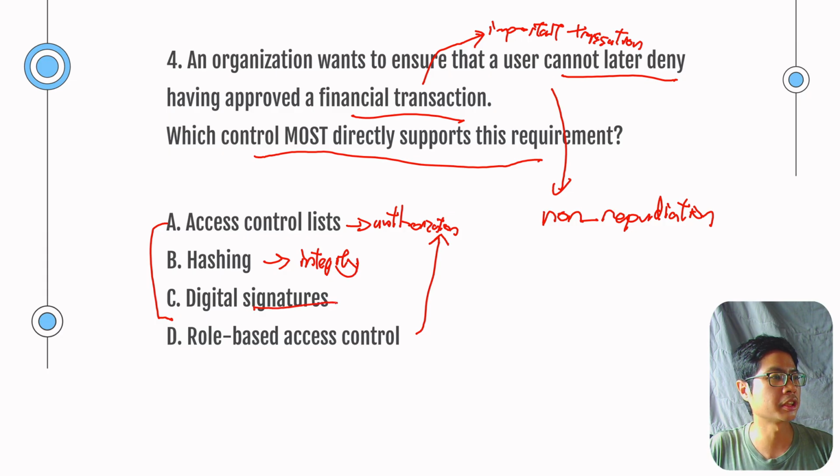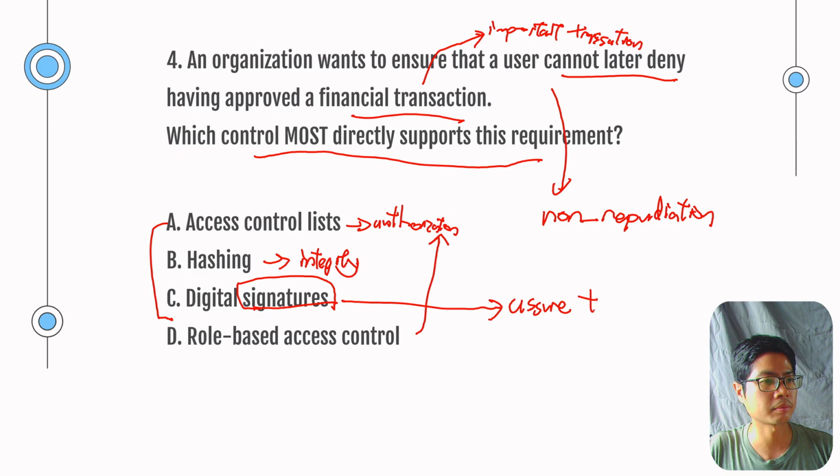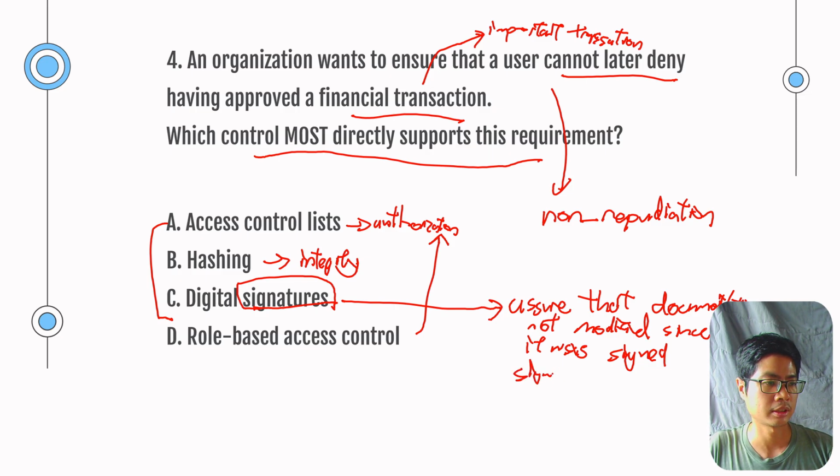But what are actually digital signatures, and why do they provide non-repudiation? If we just look at signatures in general, a signature assures that the document or transaction was not modified since it was signed, and also it assures that the signing user has actually approved or is alright with this particular document or transaction.